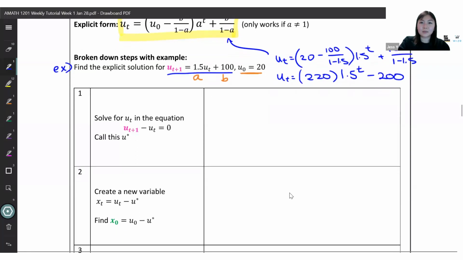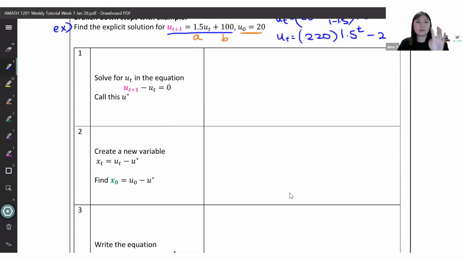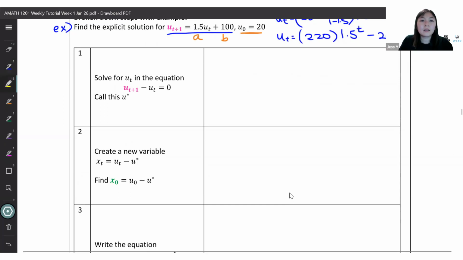Here we go. The steps are tedious, and I think most of you are struggling with recursion because there are so many steps. So step 1, we are going to solve for u sub t in the equation u sub t plus 1 minus u sub t equals 0. So let's go ahead and do that. I have u sub t plus 1 minus u sub t equals 0.